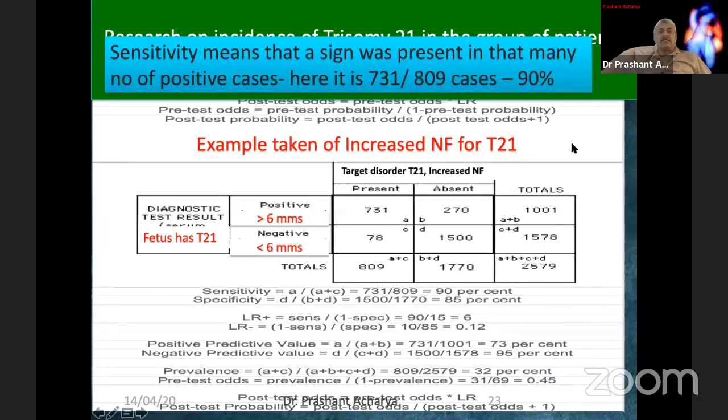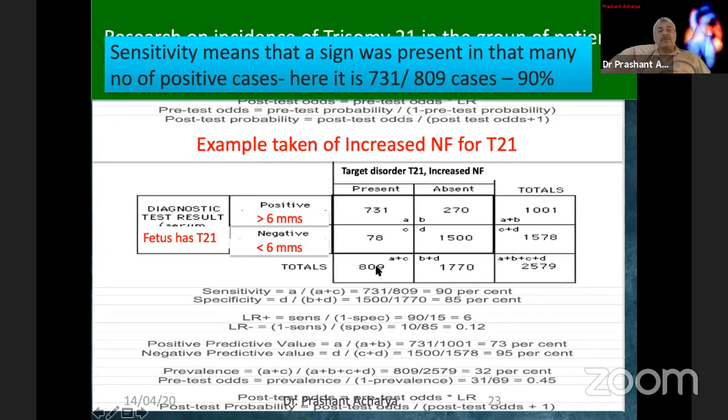So sensitivity means the sign was present in that many patients among the positive cases. Here in 731 cases, the sign was positive and there was disease, out of a total of 809. So it conveys one thing, that out of 809 total Down syndrome cases, there were 731 detected.